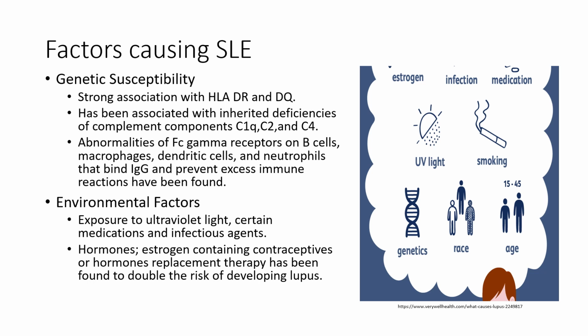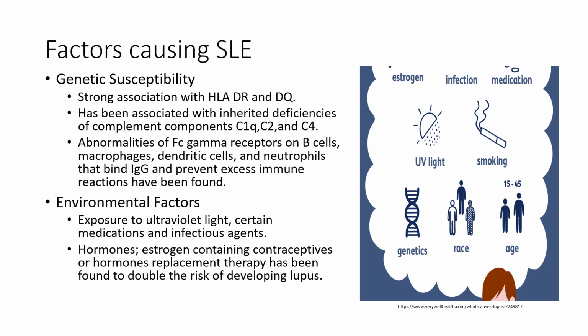Abnormalities of Fc gamma receptors on B cells, macrophages, dendritic cells, and neutrophils, which bind immunoglobulin G and prevent excess immune reactions, have been found as well.